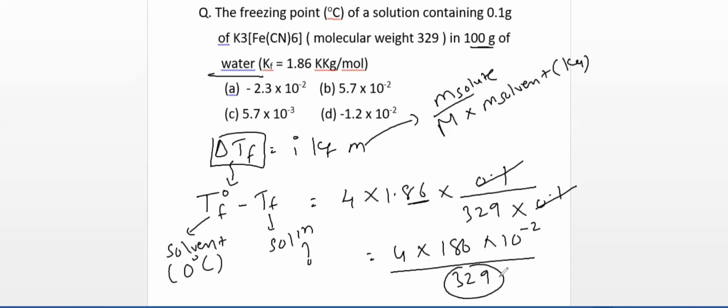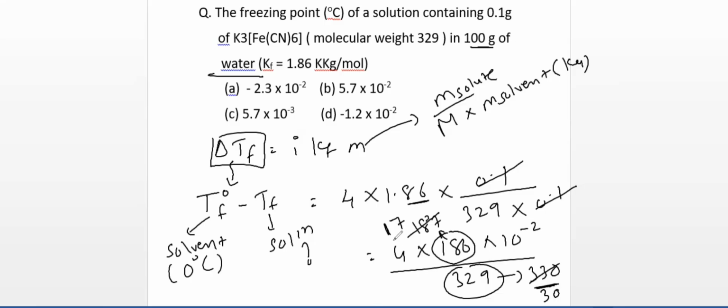Now for a fast calculation, assume this 329 as 330, if you want a close answer, so you get the answer at a faster rate. Do some kind of adjustment: if I consider 186 as 187, then clearly in the 11 table, 11 threes are 33. Now 187, 11 ones are 11, and how much is remaining? 7 is remaining, so 11 sevens are 77.